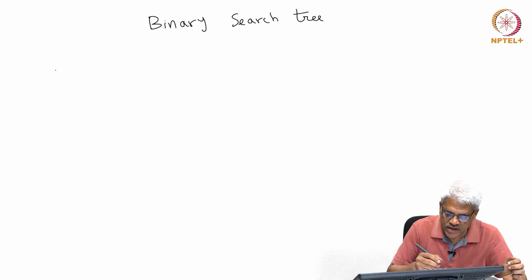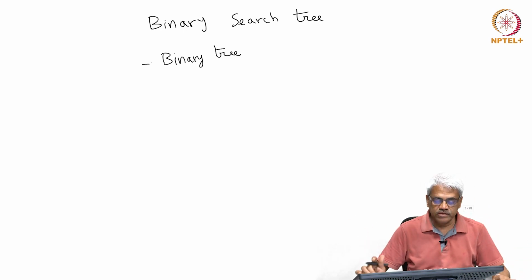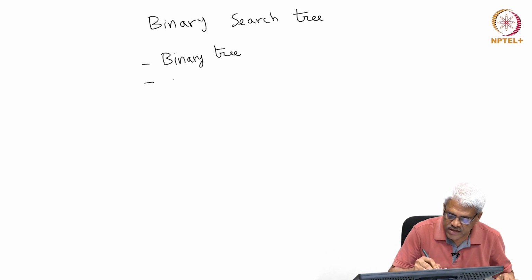Okay, so what is a binary search tree? Well, it's a binary tree, which means every node has at most 2 children, and it is a search tree.